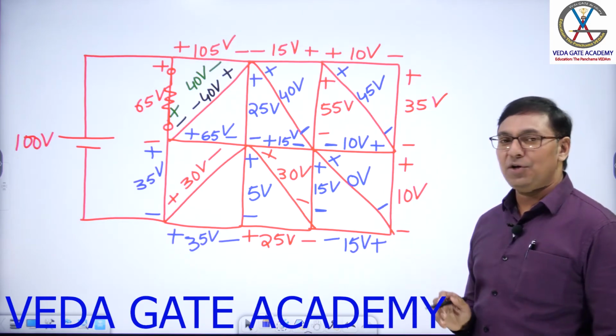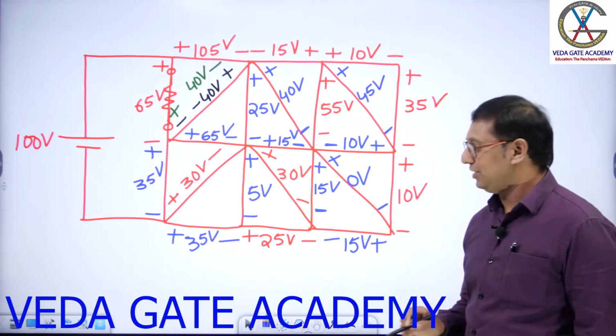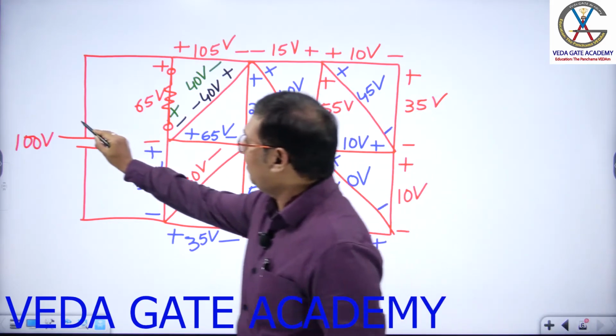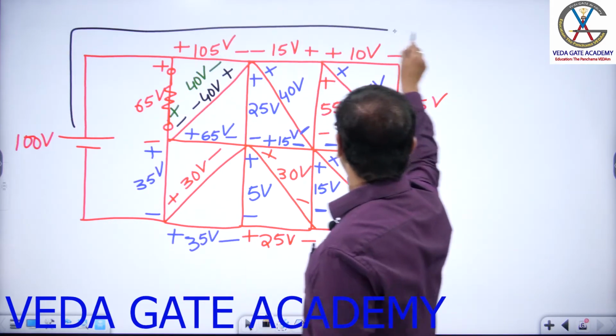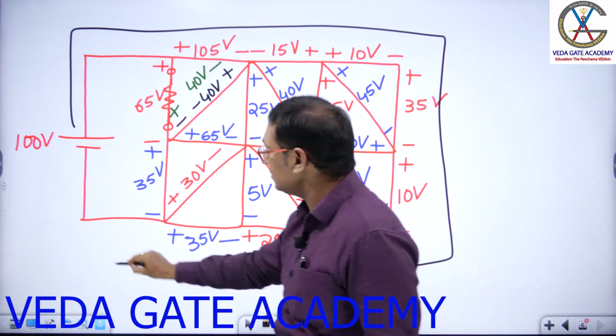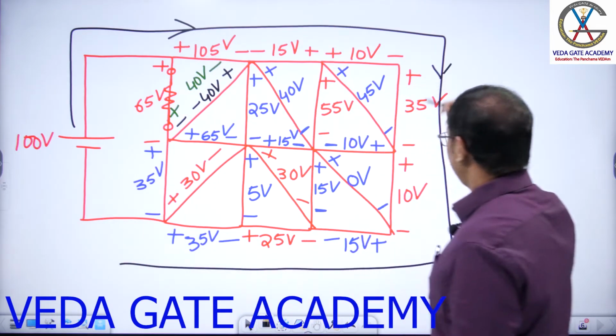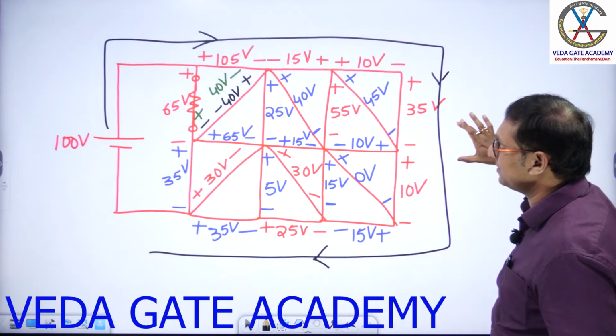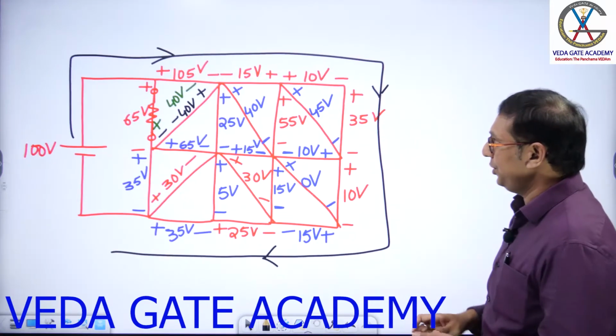Sir, the answers which we got, are they correct or not? How can we cross check? Please write KVL for the outermost closed path and verify, dears. Come on, tell me what equation you will be getting. Let me compress this. Hope it's visible to you, dears.